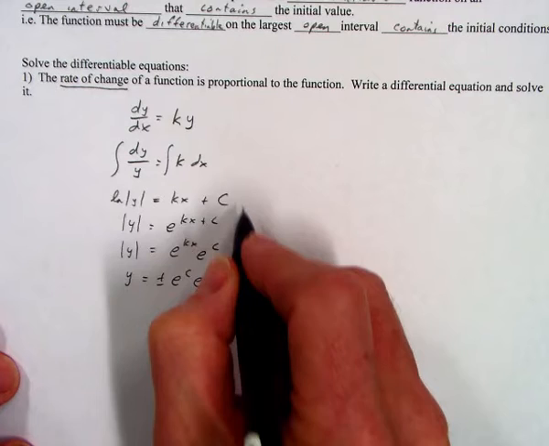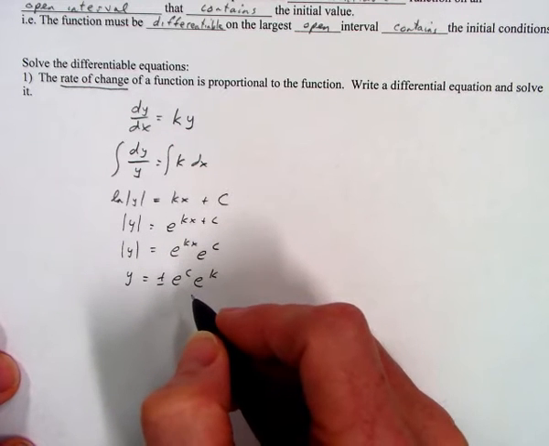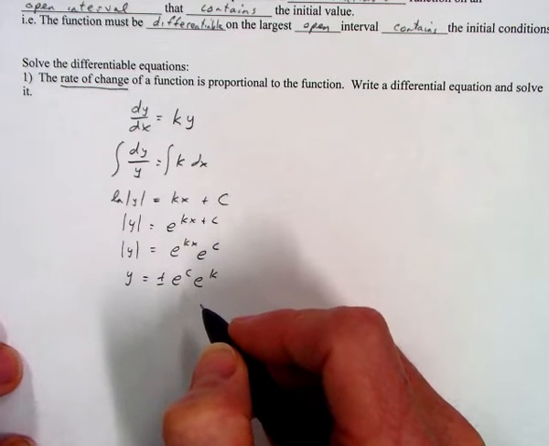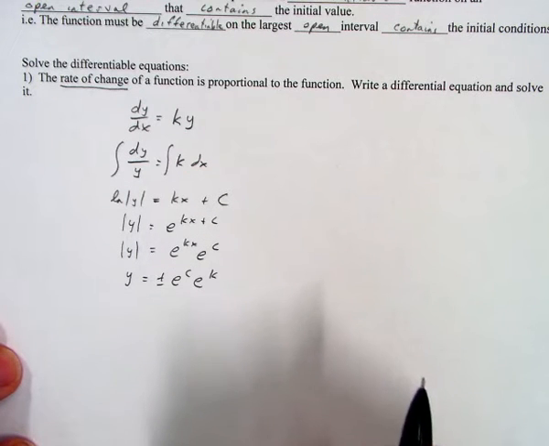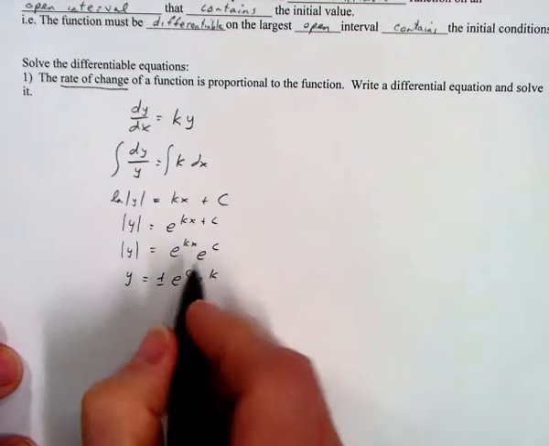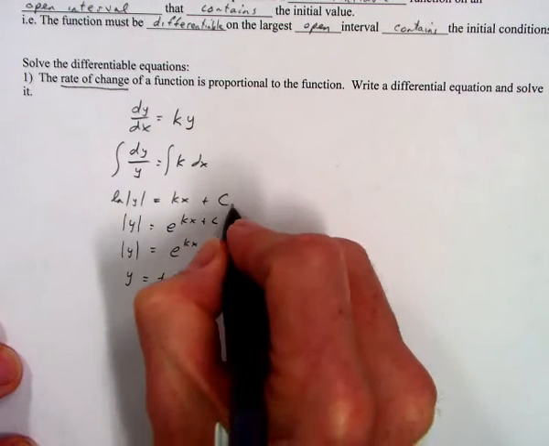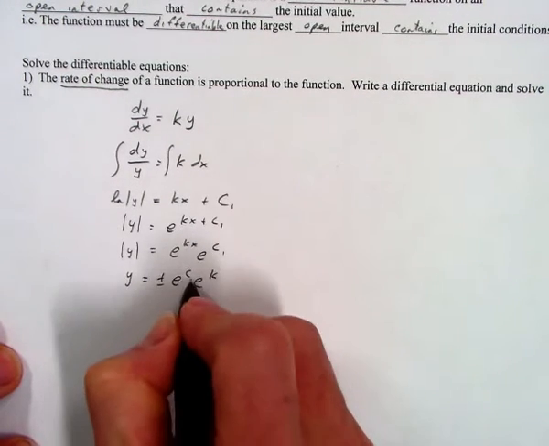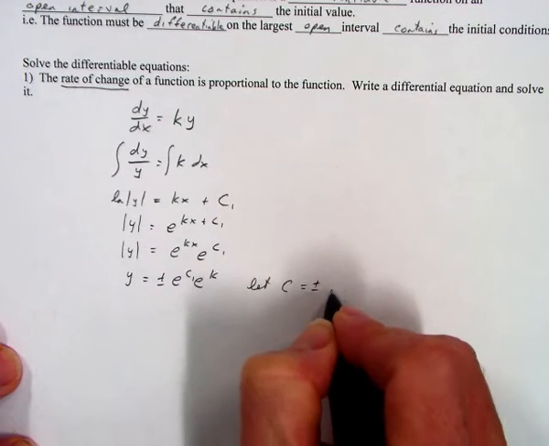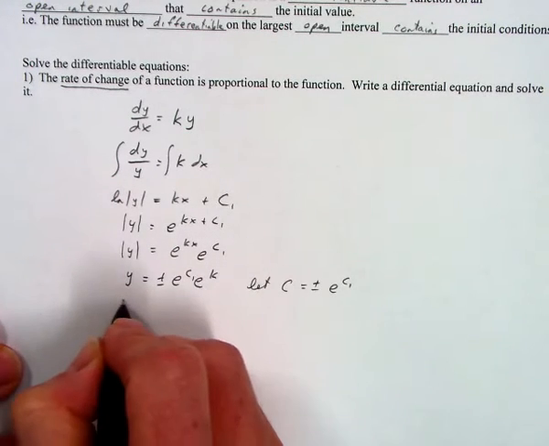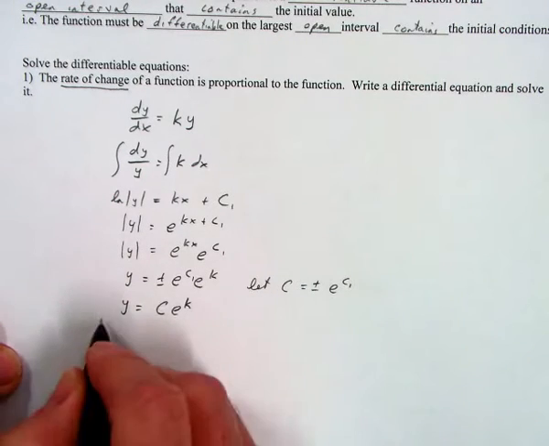Now what we're going to do is get rid of this plus or minus constant. We don't know if it's positive or negative. That's going to depend on the initial condition. So we will let that be some constant. I'm going to call these c1s. So we'll say let C equal plus or minus e to the c1, and we get y equals C e to the kx.